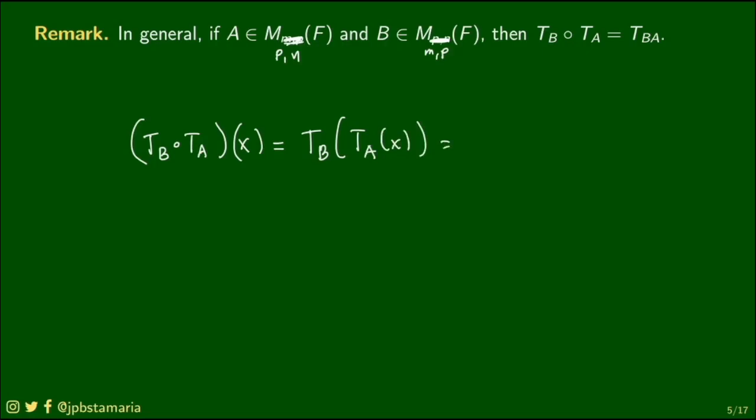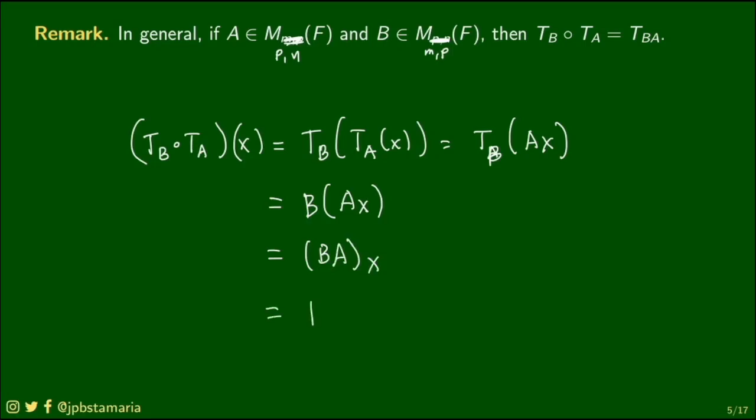Now TA of x equals A times x. Now TB of Ax is B times the product Ax. Because matrix multiplication is associative, this is equal to BAx. It's as if we have just multiplied the product BA to x, therefore this is T of BA of x. And therefore, the composition TB circle TA is equal to the transformation T of BA.